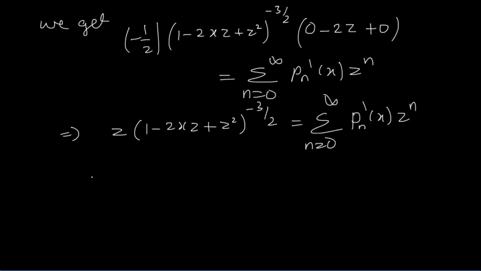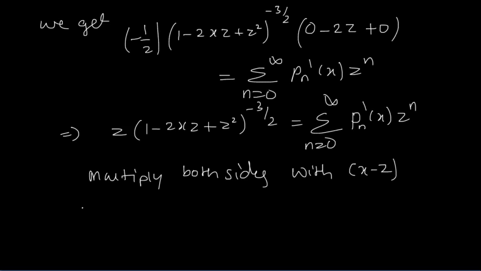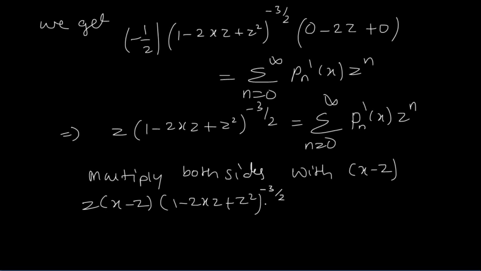Okay, so now multiply both sides with x minus z, which gives z into (x minus z) into (1 minus 2xz plus z square) raised to minus 3 by 2 is equal to (x minus z) into summation from n equal to 0 to infinity Pn dash of x into z raised to n.